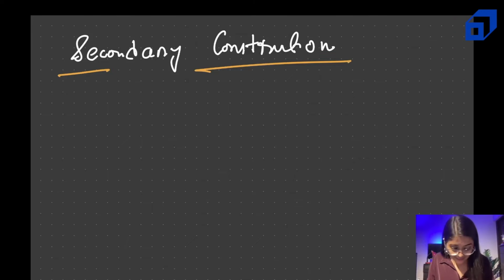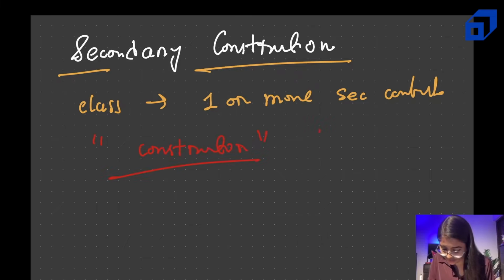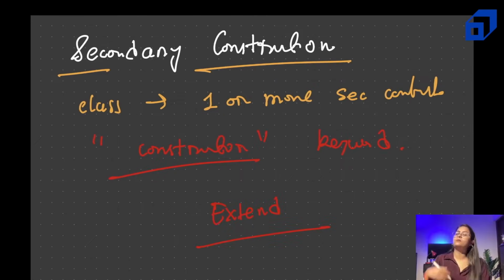Secondly, a class can contain one or more secondary constructors, and these are created using the constructor keyword. Secondary constructors are not that common, and the most common use comes up when you need to extend a class which provides multiple constructors.